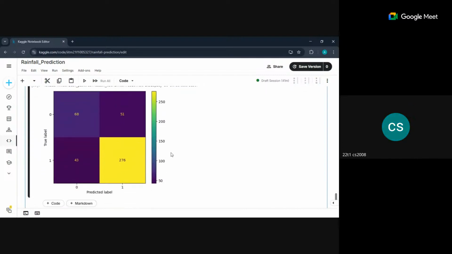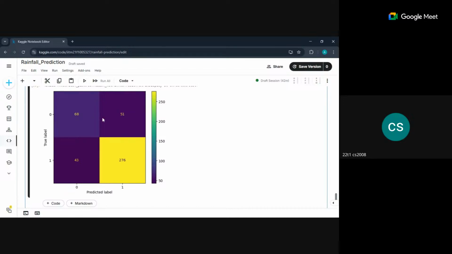So how many of the points had a true label of 0, but the model has misclassified it as 1? 43. The true label is 0, the model has misclassified as 1. 51. Yes, 51. So you see, a true label 0.